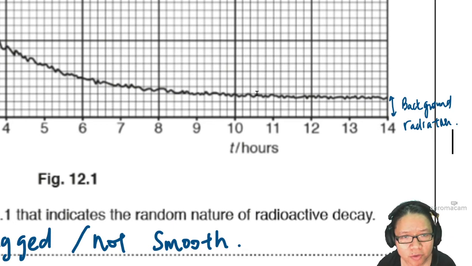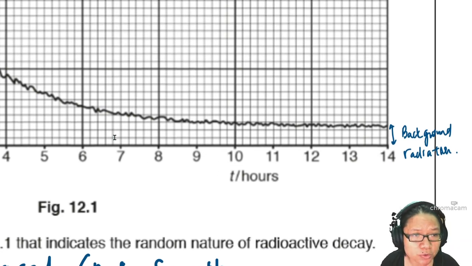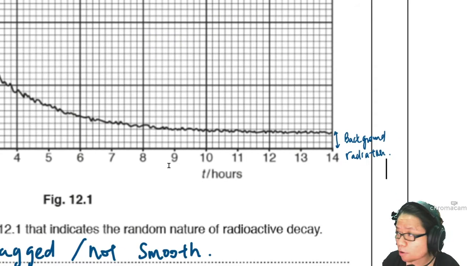Because you can see from 10 hours onwards, it's just kind of sitting at 2.5 boxes for like 4-5 hours in a row. So it's pretty good. 1, 2, 3, 4. Yep. It's been sitting at 2.5 boxes. So because of this, all the readings I can assume has a systematic error of 2.5 boxes.